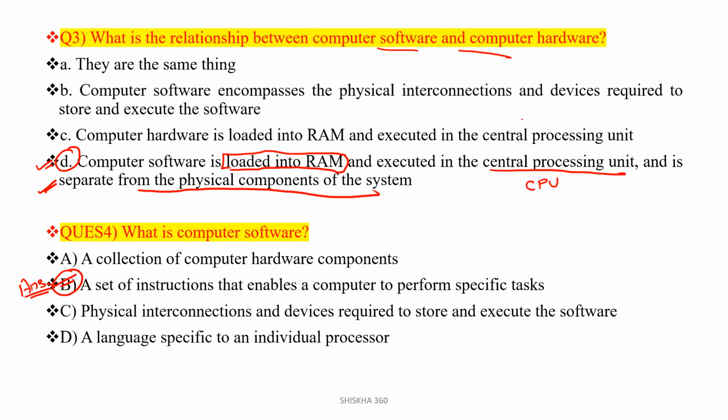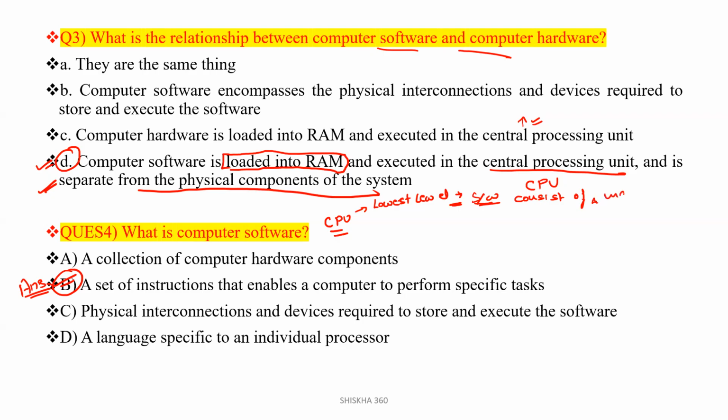Like here, basically in the central processing unit, instructions are executed. So CPU, it is further divided. Clear? At the lowest level, software, SW, consists of machine language.